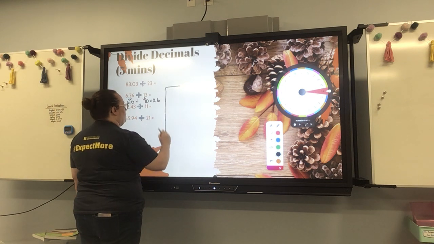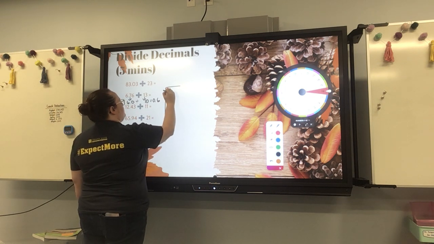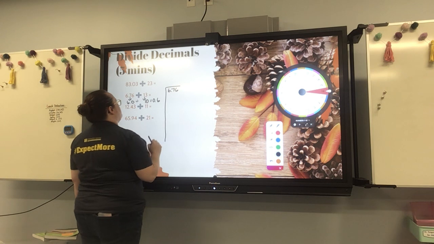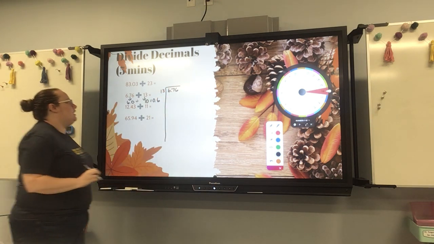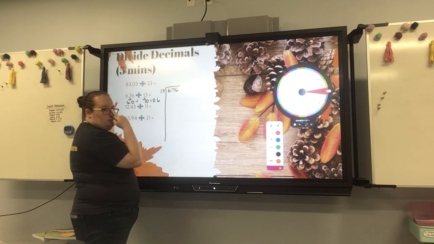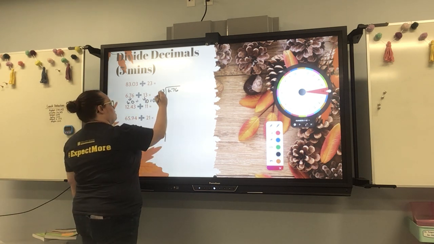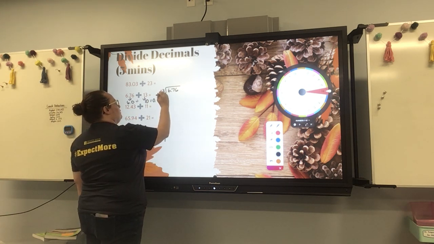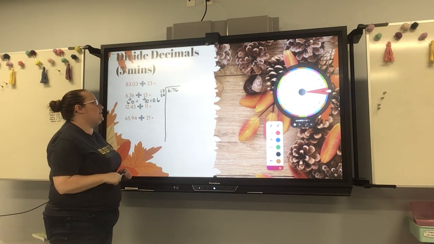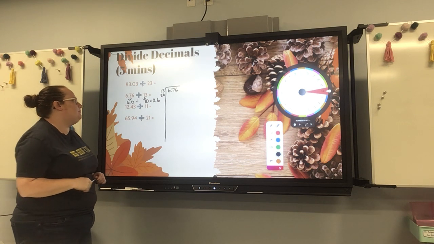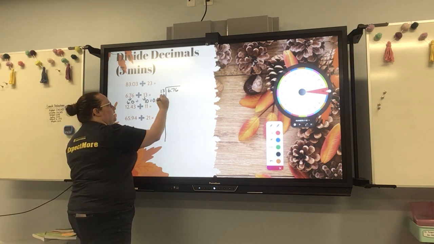Now let's do the real one. I'm going to write my dividend, 6 and 76 hundredths. Write my divisor, 13. Okay, let's go ahead and do our multiples for 13. 13 plus 13 is 26. What comes after 26? 39.